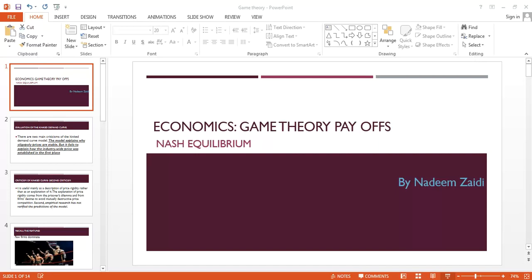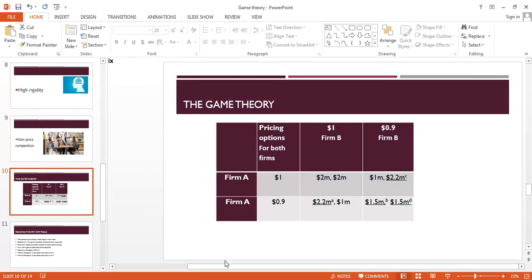Even if that collusion takes place, there is a temptation to cheat. Which brings us to the idea of Pareto optimality: resources cannot be reallocated to make one individual better off without making at least one worse off. So go through these slides, go through this lecture once again, and I hope you've understood the game theory and the payoff matrix. All right, thank you very much indeed.